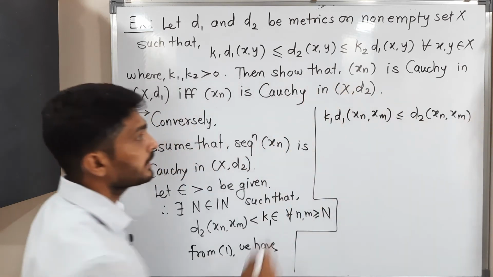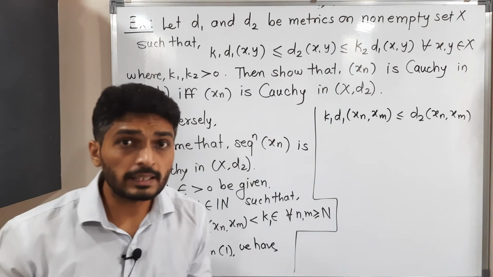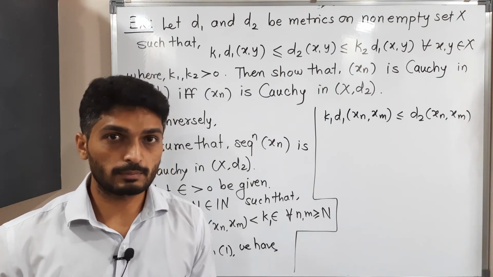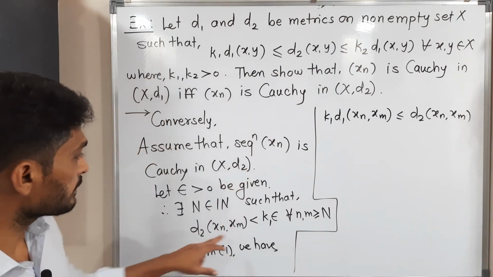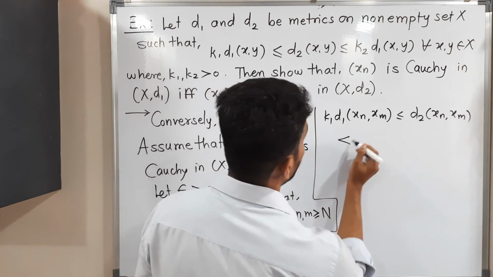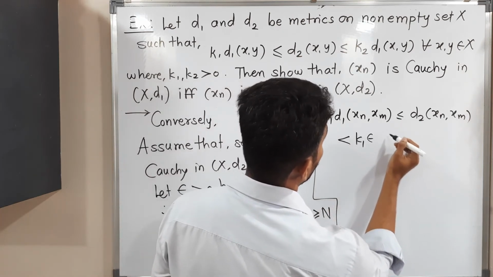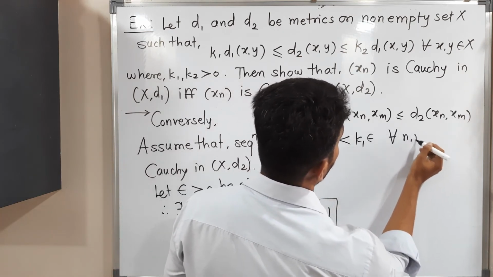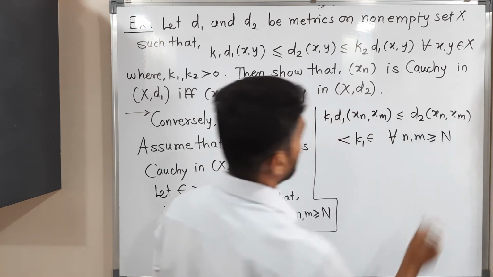They are given in terms of x and y, but I'm writing in terms of sequences. D2 of Xn, Xm is less than K1 epsilon for all n, m greater than or equal to capital N.